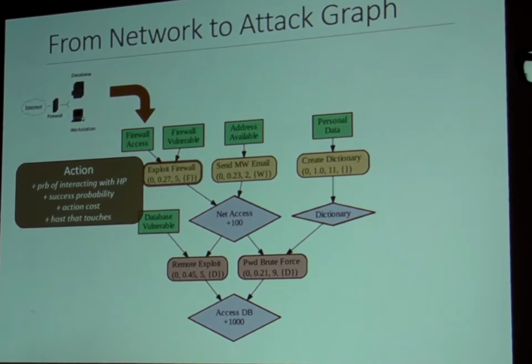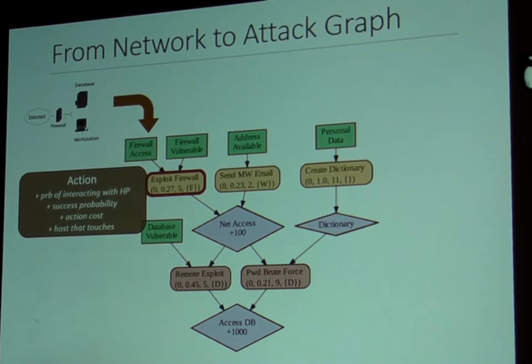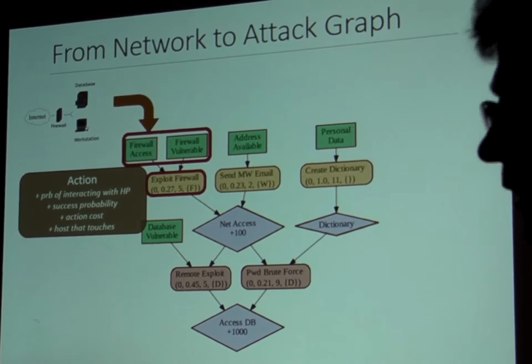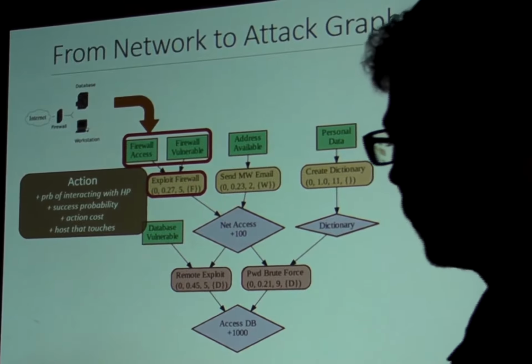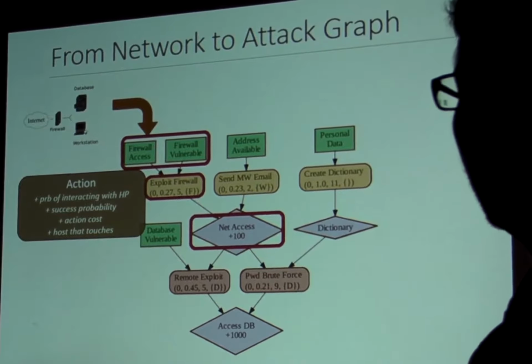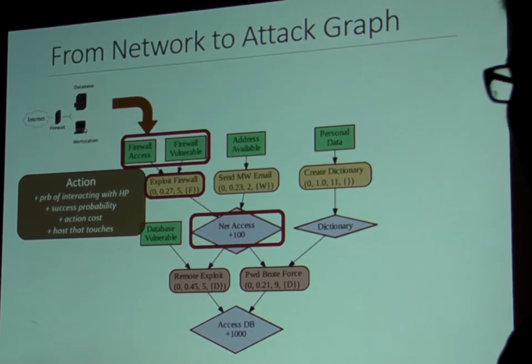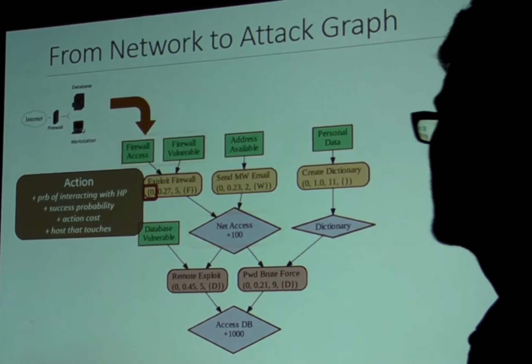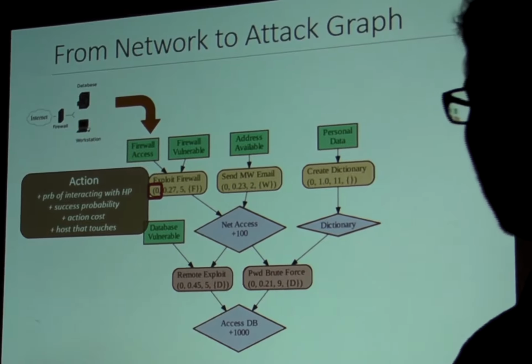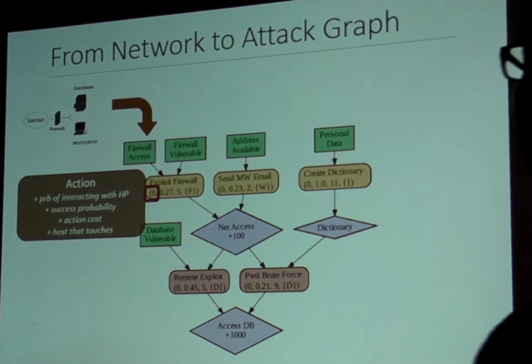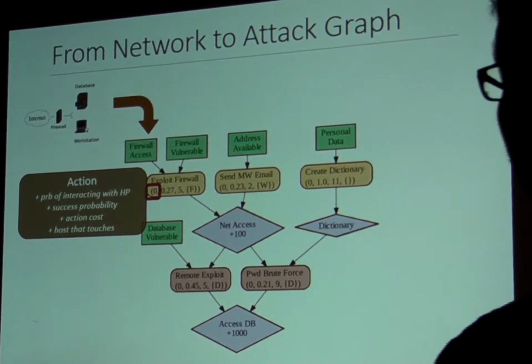So each action has a set of preconditions that must be true in order to perform this action, and then a set of effects that become true if the action was successfully performed. And so an action is defined by 4 values in our case. The first value is the probability that the action will interact with a honeypot.